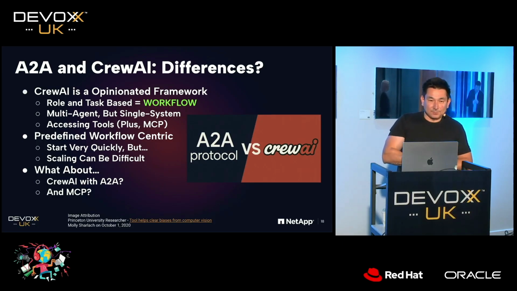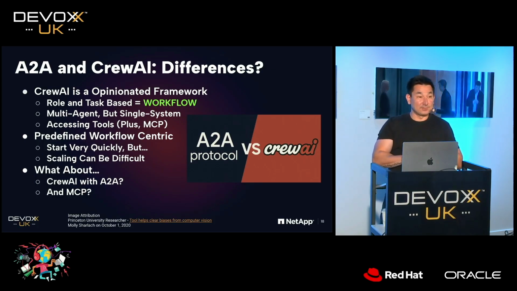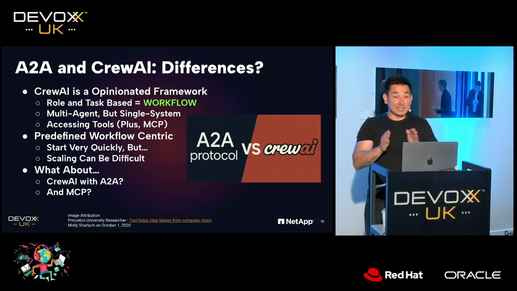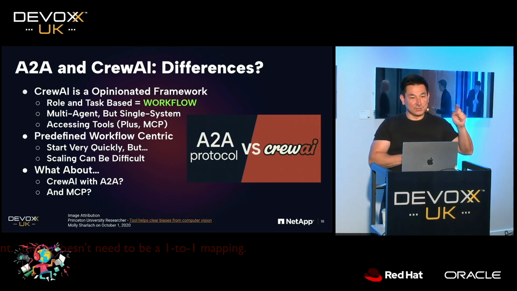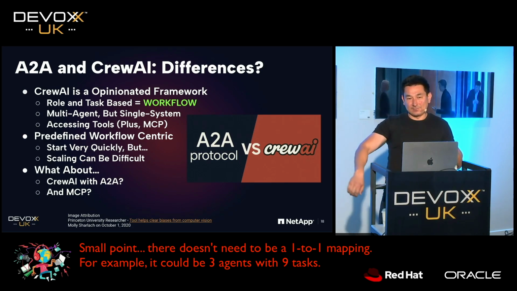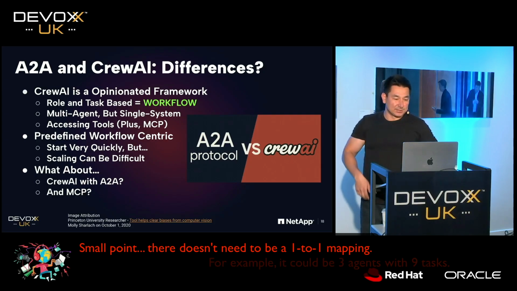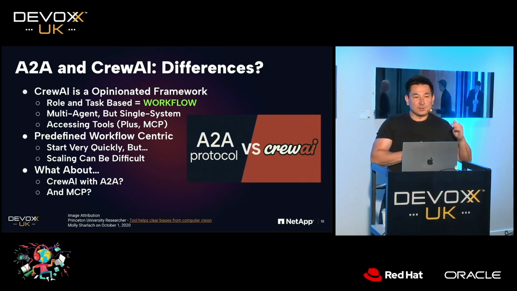And because you're defining those tasks, that means you have a very heavily workflow-driven agentic system. I need you to do these 5 tasks. You have these 5 agents that can come up and find the answer to that particular solution. So if you have defined tasks that you as a human defined, and you also define the agents, scaling that becomes very difficult.